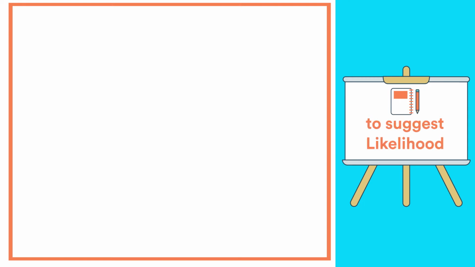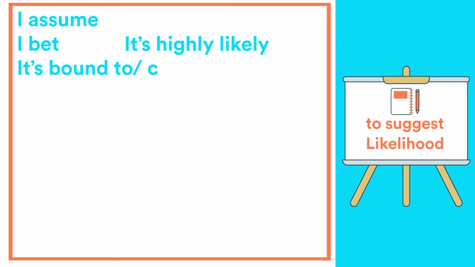So let's look at cases of something being likely. In English, there are a variety of words that we use to suggest likelihood. I assume. I bet. It's highly likely. It's bound to. It's certain to. It's sure to.